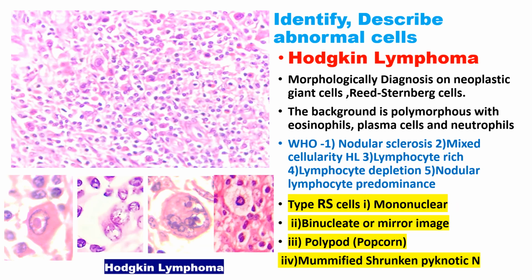So Hodgkin's lymphoma, important slide, important lesion, and maybe short note, long question on lymphoma. This slide will help you in answering so many things, including MCQs. Let us go to the next lesion.